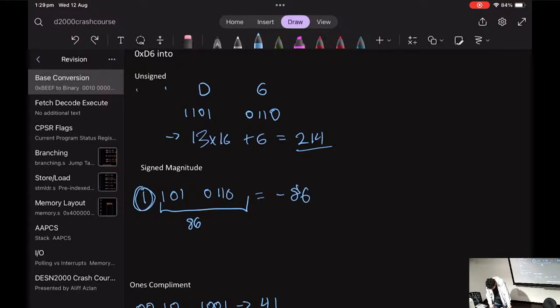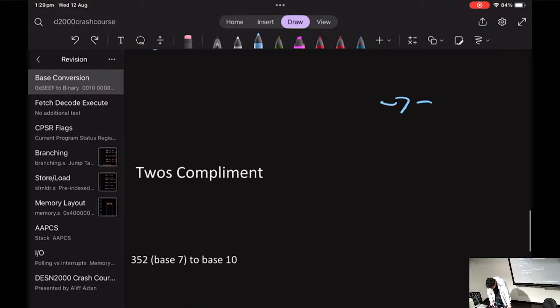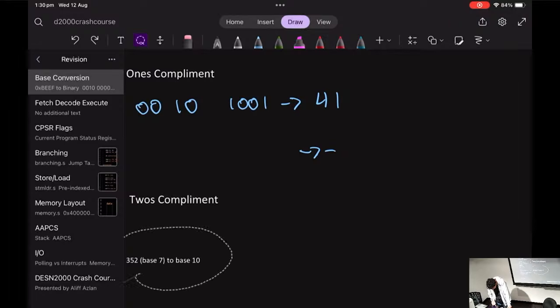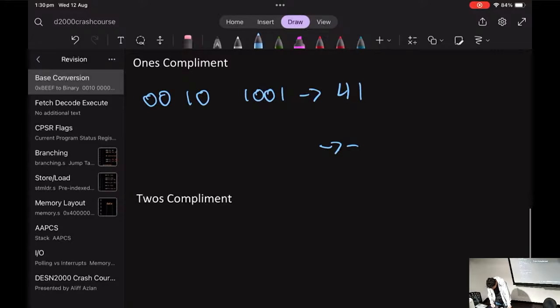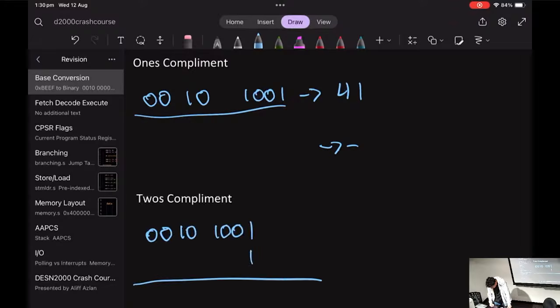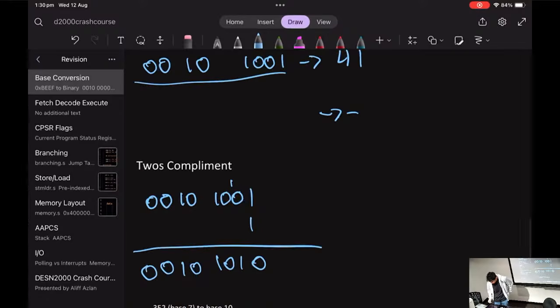All right, now for the hard one, we have the 2's complement. With 2's complement, all we do is add 1 to the 1's complement. So 1 plus 1 is 0, carry the 1. 1 plus 0 is 1, and then everything else just follows through.